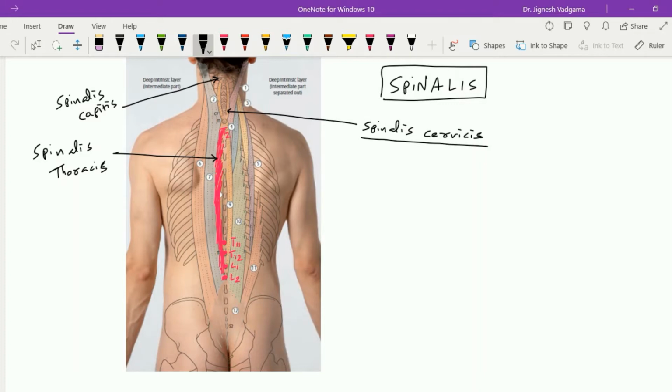The spinalis cervicis muscle arises from the spines of the C2, C3 and C4 vertebrae, while its insertion is at the spines of C7, T1 and T2, along with the ligamentum nuchae at the lower part. So this group of muscle is somewhere like this.